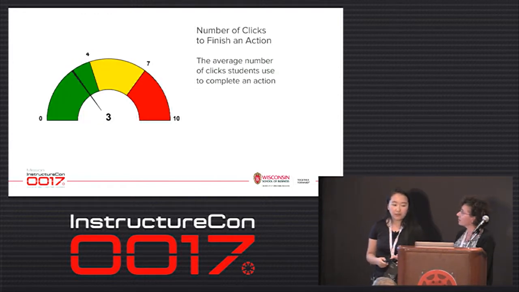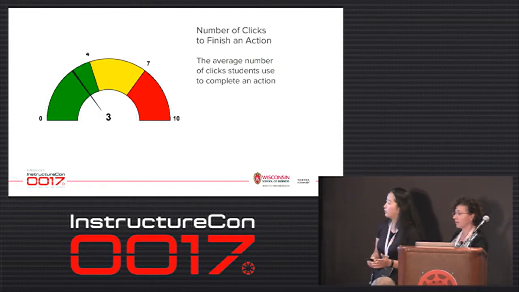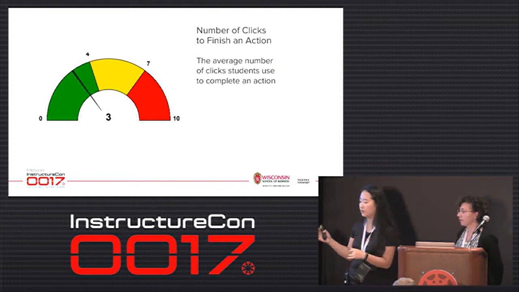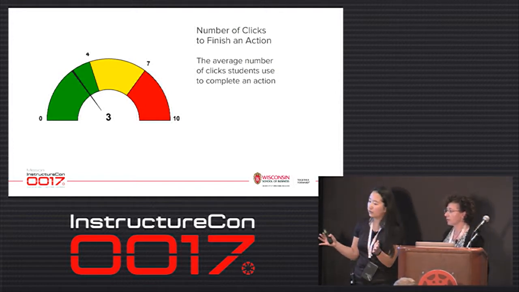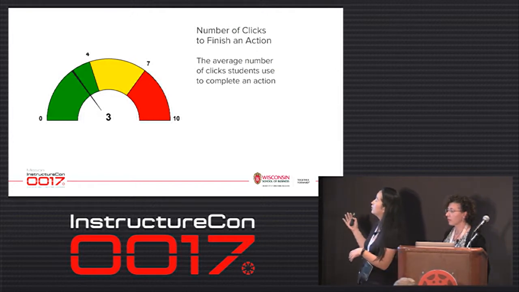The next graph that we showed instructors was the number of clicks to finish an action on average for students in that course. And an action is defined as the following. If 2 page views were less than 10 minutes apart from each other, then they belong to the same action. But if the second page view is more than 10 minutes away from the first page view, then that second page view initiates a new action.